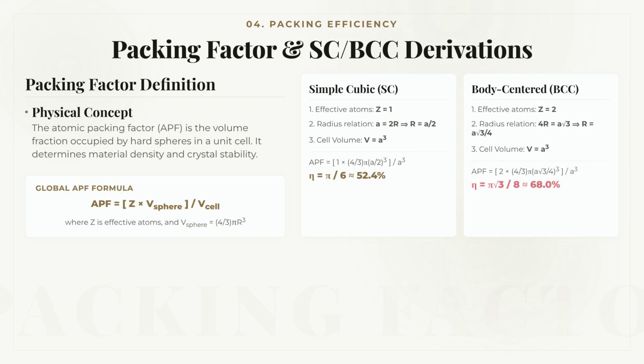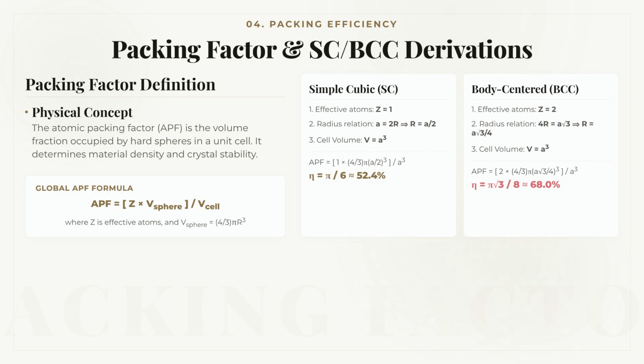Substituting this relation into the packing efficiency formula gives π/6, which is approximately equal to 0.524. Thus, only 52.4% of the available space is occupied by atoms. The remaining 47.6% is empty space.